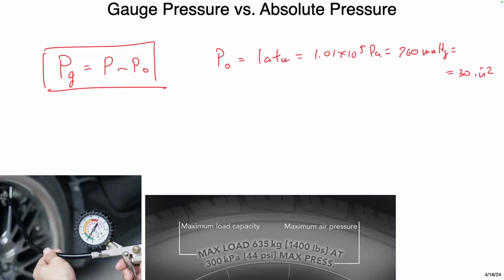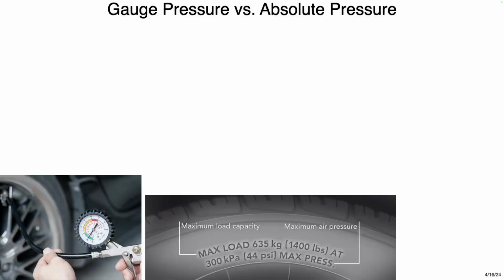The gauge is reading 35, so we would have to add atmospheric pressure, which is 14.7, which gets me 49.7 pounds per square inch. That pressure on the sidewall of the tire is the gauge pressure, not the absolute. It's usually just scientists that are worried about the absolute pressure, and we'll get to situations in thermodynamics where we have to really worry about that.